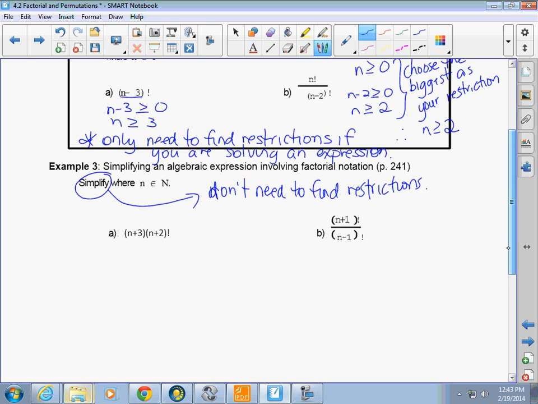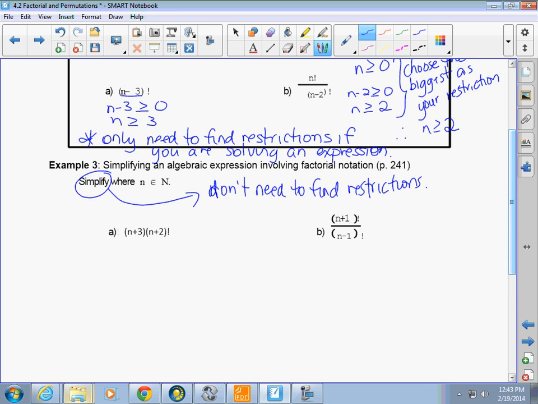Okay, so n plus 3 times n plus 2 factorial. So that is equal to n plus 3 times this, the factorial is only applied to this.